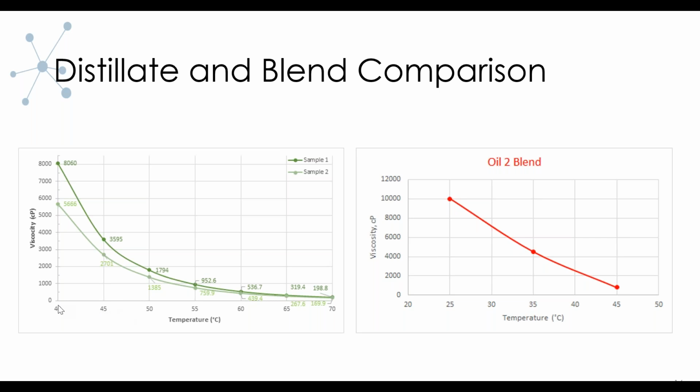But at 40 C with the distillates, the viscosity is much higher. Sample 1 is about 8,000, and sample 2 is about 5,600. So there's a huge difference in viscosity. And again, this is something that you need to consider when you are matching your hardware to your product.